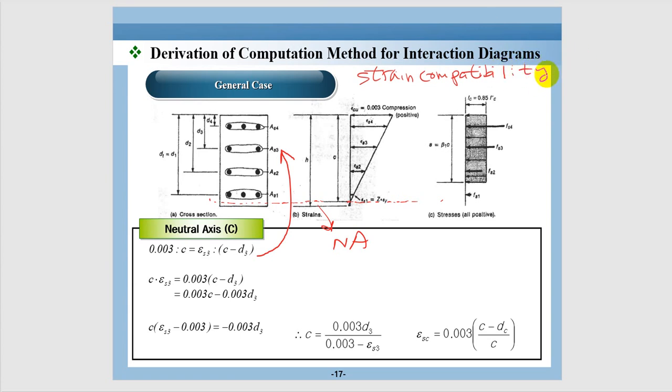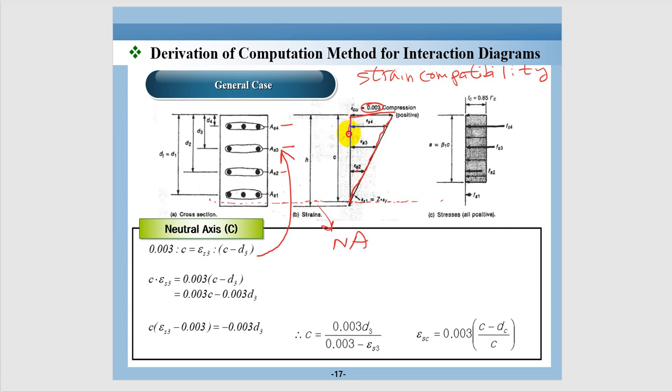Compatibility. And we have strains. This strain, we know the magnitude of this strain, which is 0.003, all the times, and we have a neutral axis, so that the strain at each layer of the rebars is proportional to the distance from the rebar to the neutral axis.